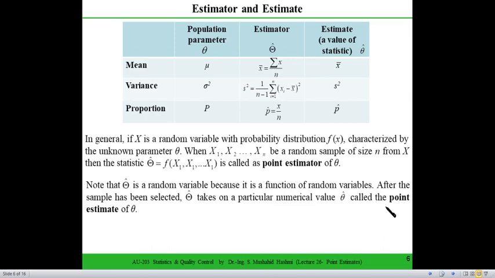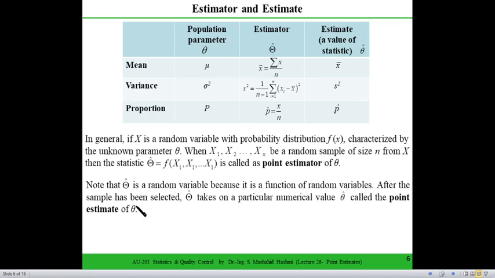And once you take a sample, you calculate some values called estimates, point estimates. These we represent by a small theta with a cap on it, called the point estimate of a parameter theta. So this theta is a general name.